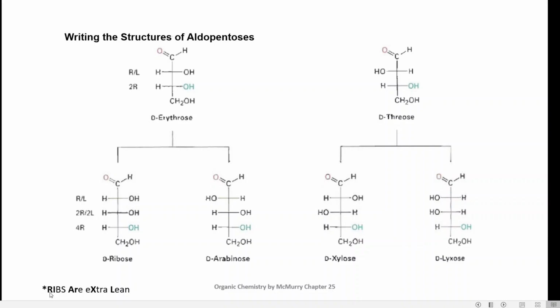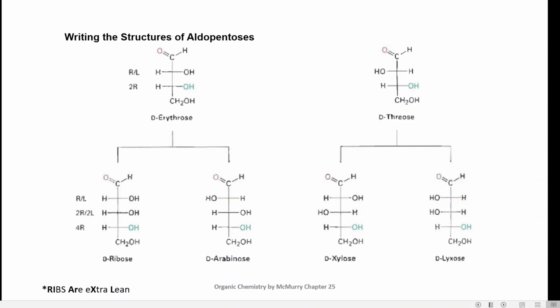So if we are using this methodology, which is written in organic chemistry by McMurry in chapter 25, then we could follow this simple hint to remember the names of these 4 structures. As there are a number of configurations possible for monosaccharides, in order to remember their names, we should have some clue, some hint, which is given by some student or by some teacher here.